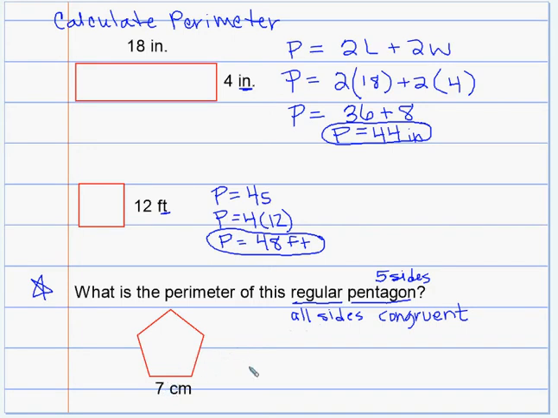So in this case, my perimeter would be 5 sides times 7 centimeters per side. So perimeter is going to equal 35, and then what units were we in? We were in centimeters, so that's your answer. Same thing as if we said, well, this is 7, and this is 7, and this is 7, and this is 7. 7 plus 7 plus 7 plus 7 plus 7 is the same thing as 5 times 7.